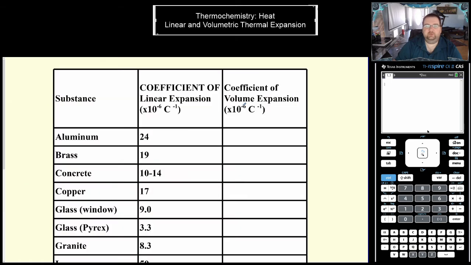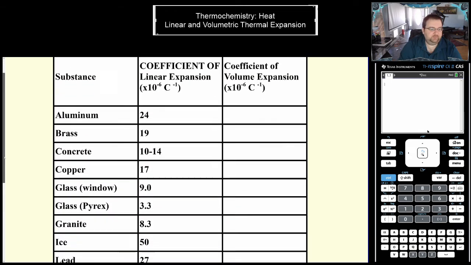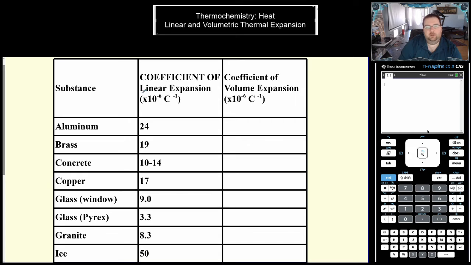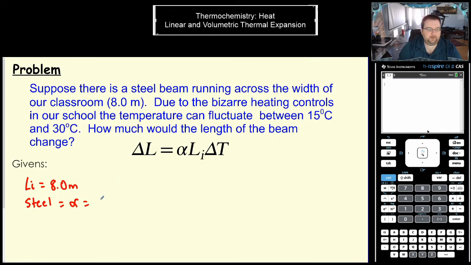Let's go back to our table. Where is steel? Here. And it's 12. 12 what? 12 times 10 to the negative 6 Celsius to the negative 1. Good. We also have this.